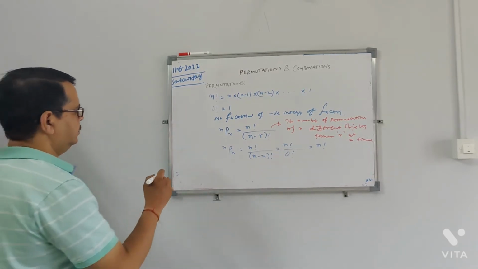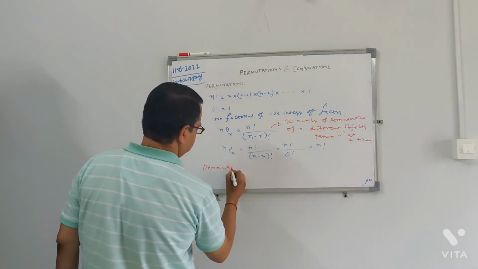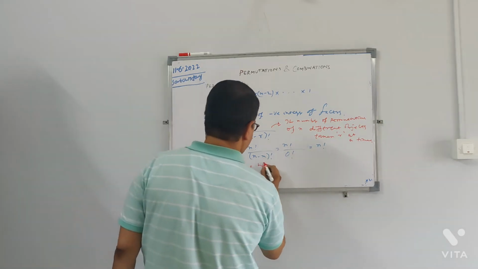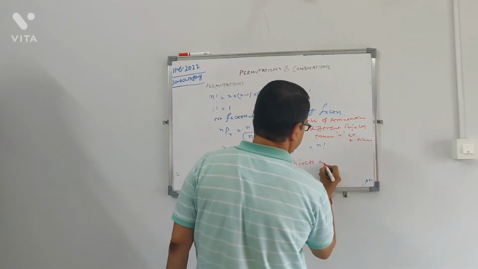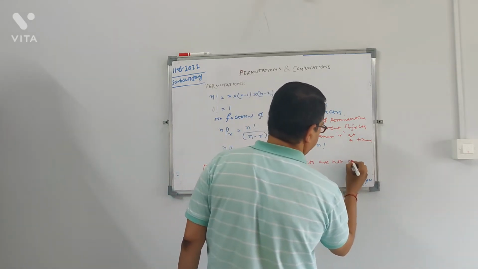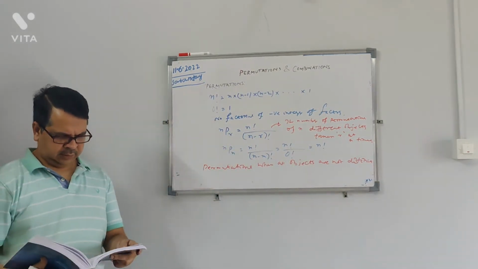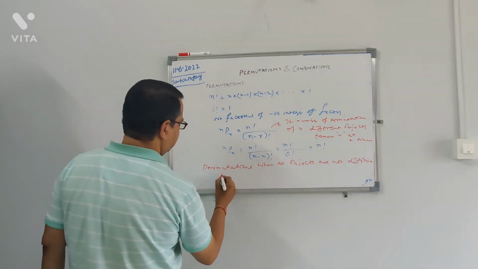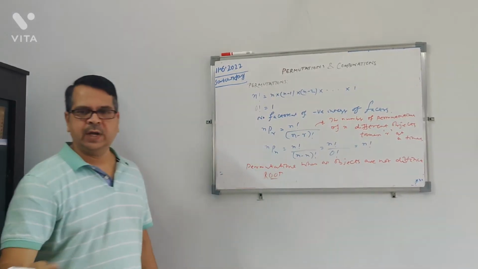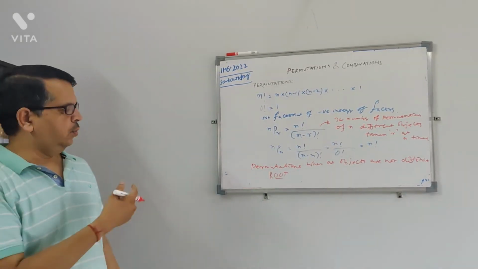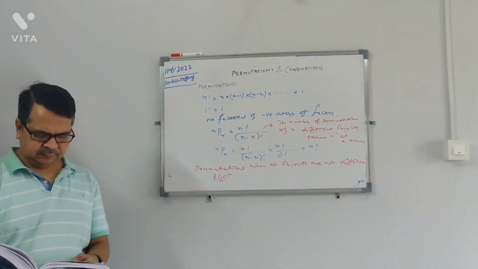Let us say permutations when all objects are not distinct. So let us say I am writing ROOT. Here these two characters O are not distinct. The O is repeating.